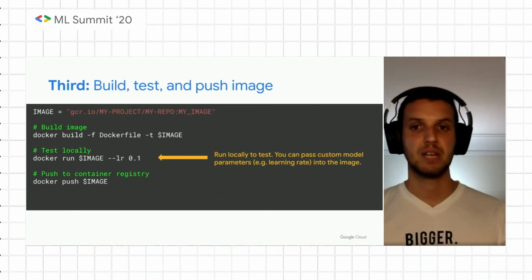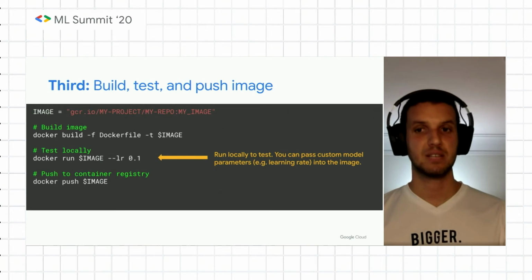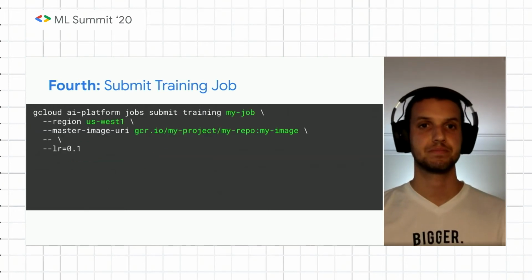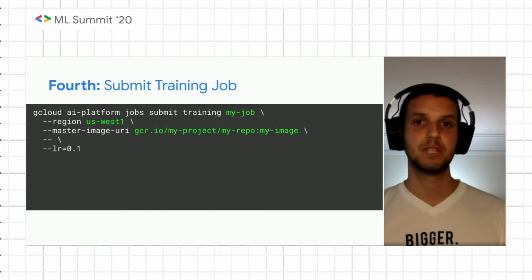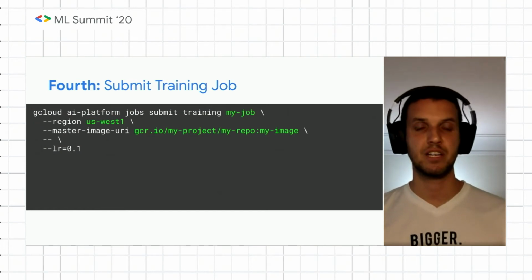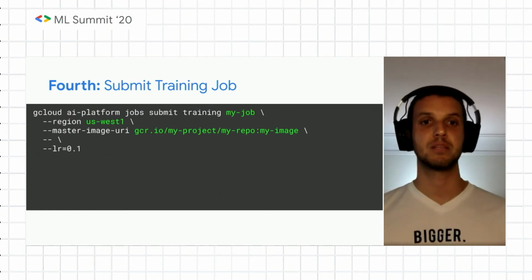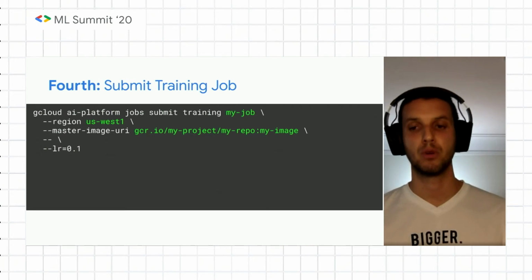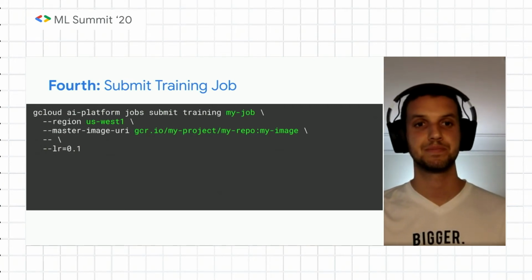Well, after you build your image locally, you are able to provide the arguments and test how it goes, and then you can finally push to GCR. To submit your training jobs, it's very easy. Now you just need to provide the proper image URI when you're working with your masters, and also you can provide the same URI when working with multiple workers.